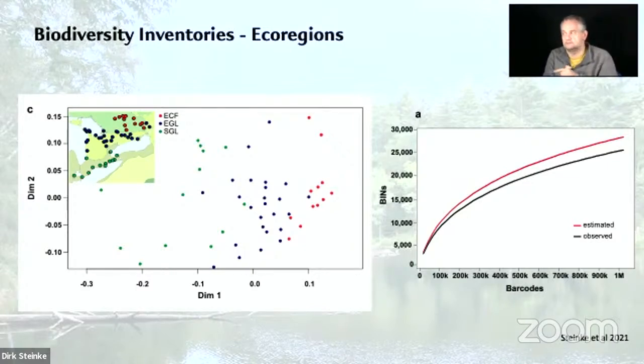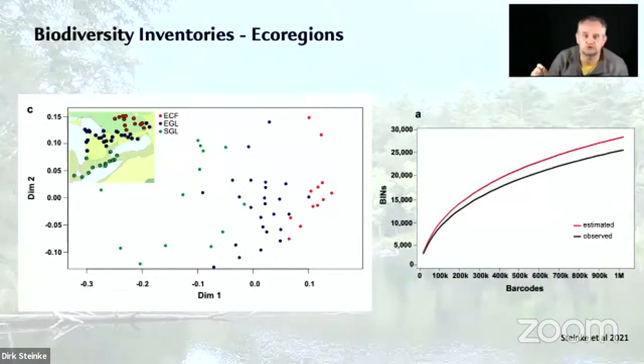Still, although we've put a lot of work in, our curve is slowly saturating, meaning we're close to completeness, at least for this part of life. So that's one example of how we use metabarcoding and new ways of DNA barcoding to build our reference library and see changes over time.